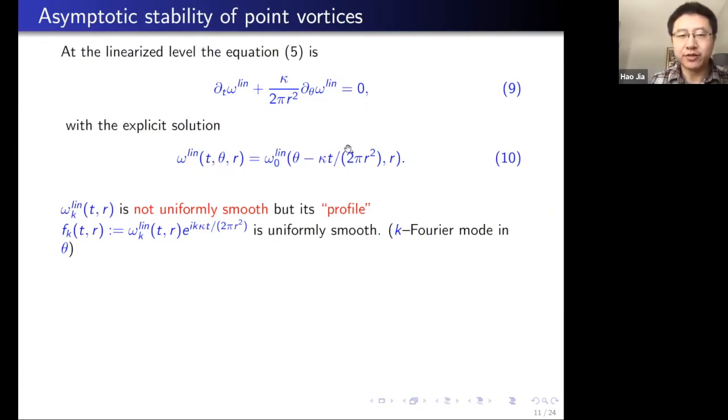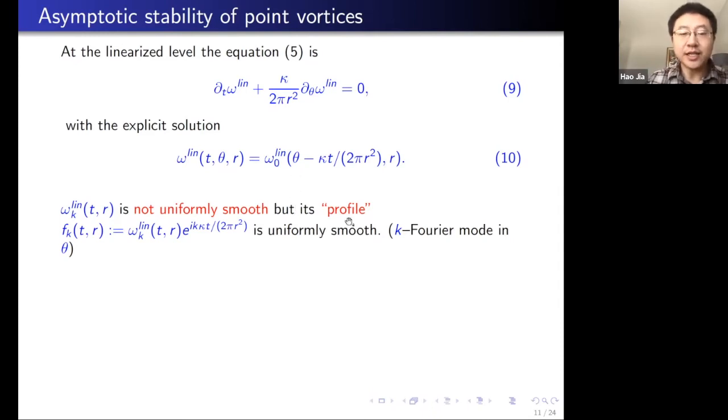Because if you take a derivative in r here, even if you assume the initial data to be completely smooth, the solution will not be uniformly smooth, because a t pops up. If you take more derivatives, more t's pop up. So in general, we would expect the Sobolev norms to grow polynomially in time, and Gevrey norms or analytic norms to grow exponentially over time.